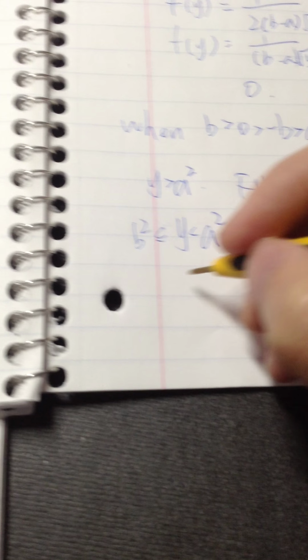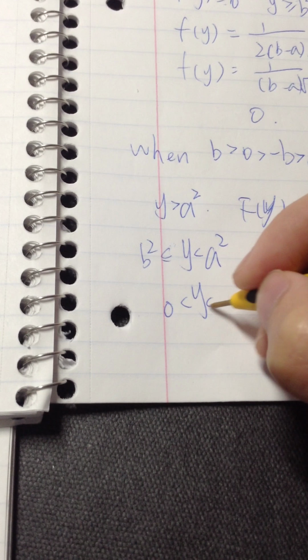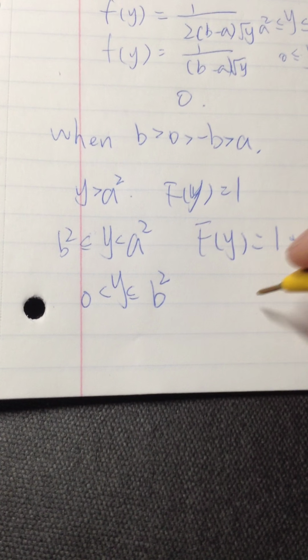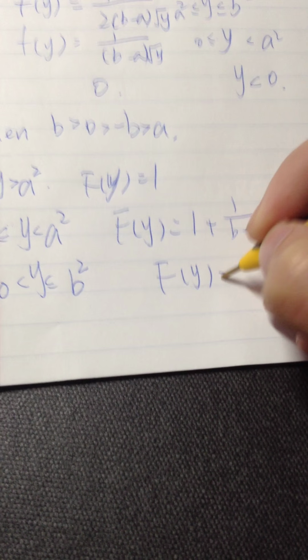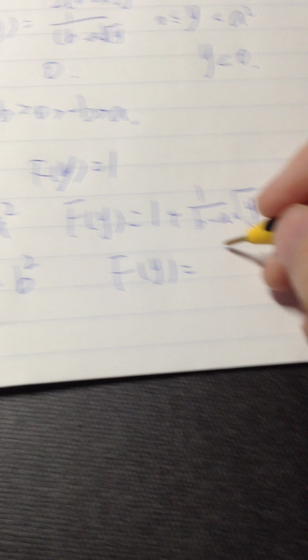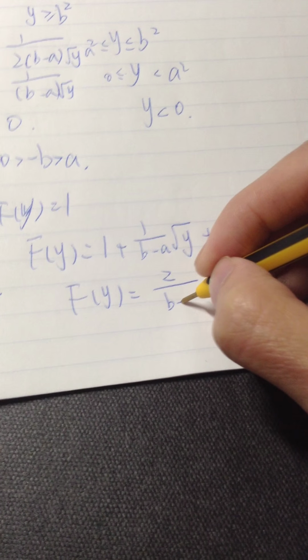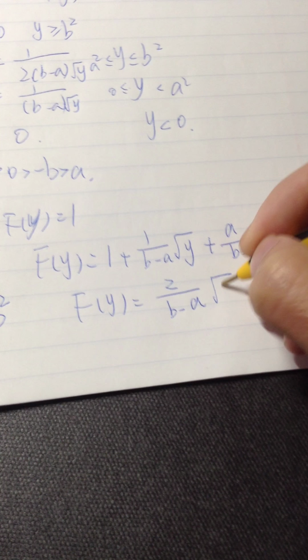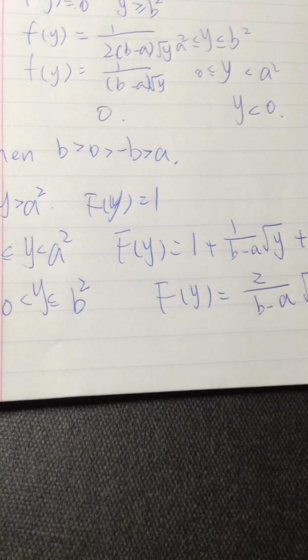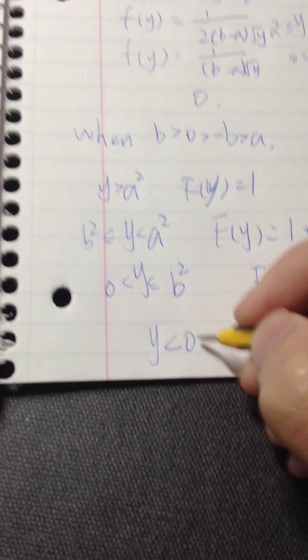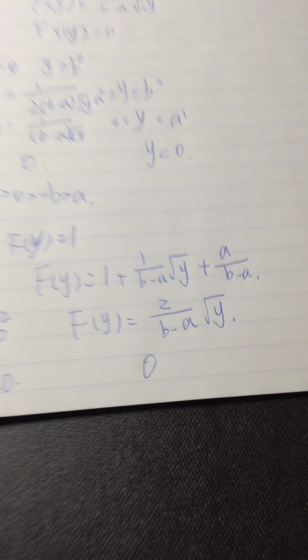And when y is between 0 and b squared, fy equals 2 divided by b minus a, square root y. So when y is smaller than 0, it is 0.